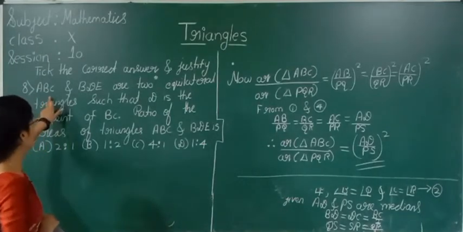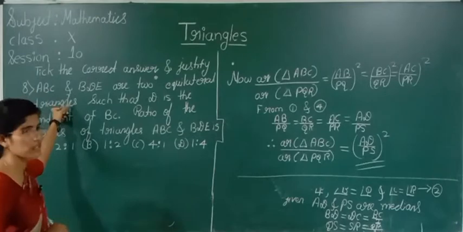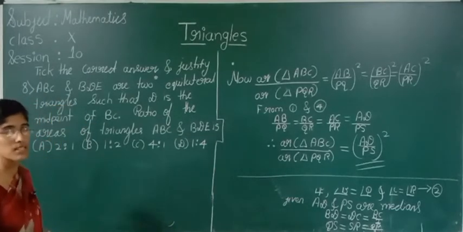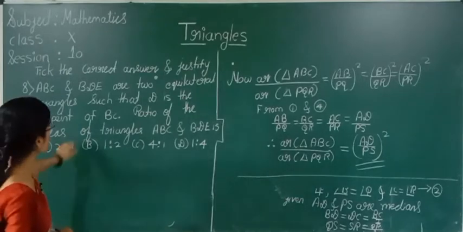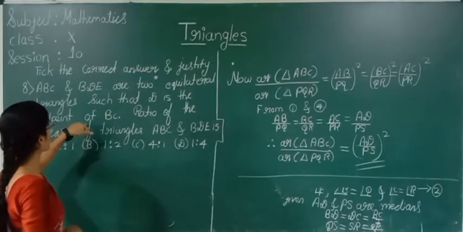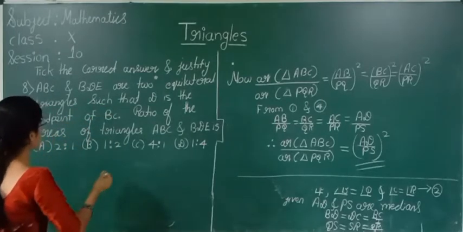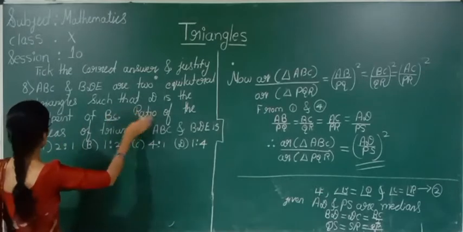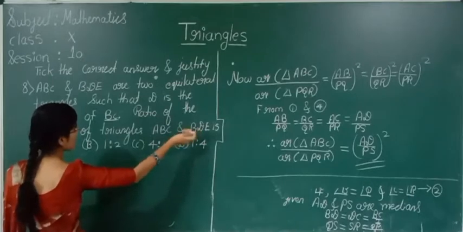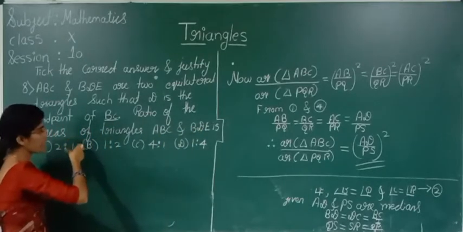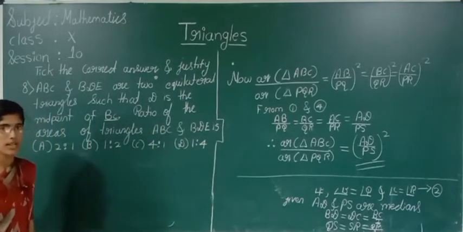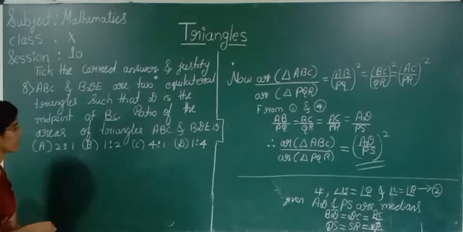Here they are given two equilateral triangles, means all sides are equal definitely, and all angles are also equal, that is 60 degrees, right? D is the midpoint of BC. Ratio of the areas of triangles ABC and BDE means we have to calculate the area of triangle ABC by area of triangle BDE. The ratio of the area we have to find out.